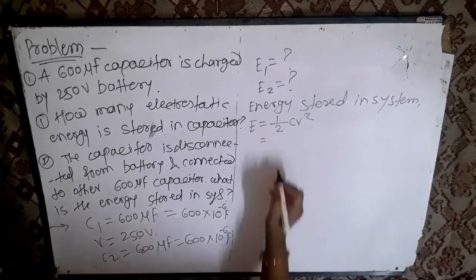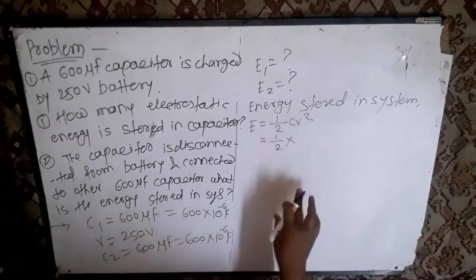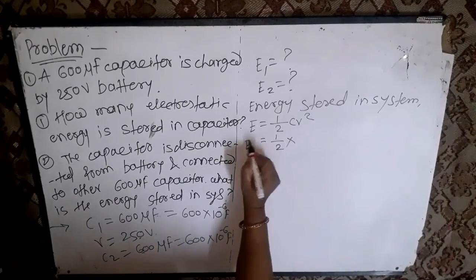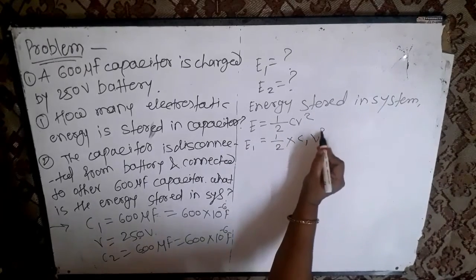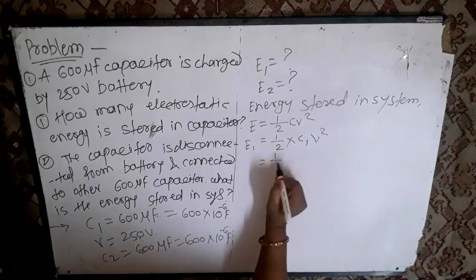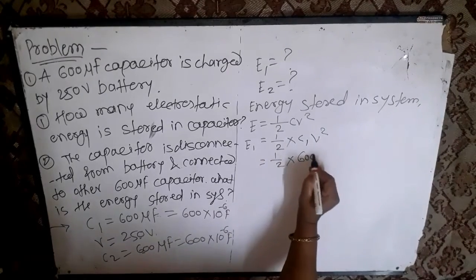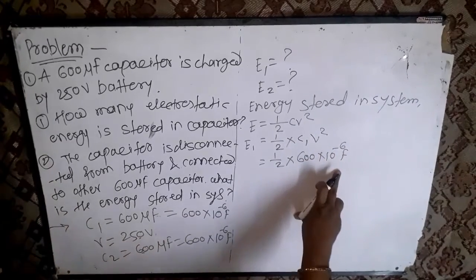Now put in the values in this formula. Consider E1 and C1, V square. Half into C1's value, 600 into 10 raised to power minus 6 farad.